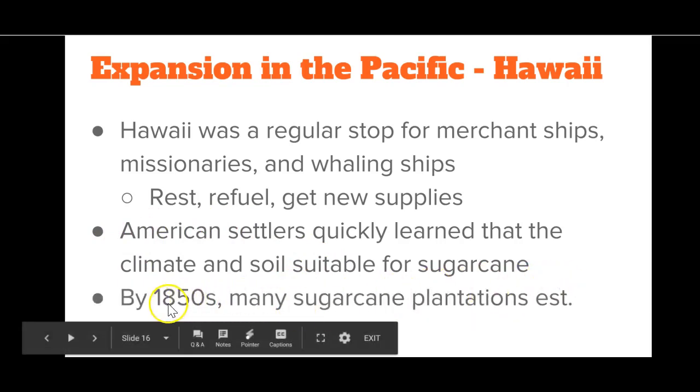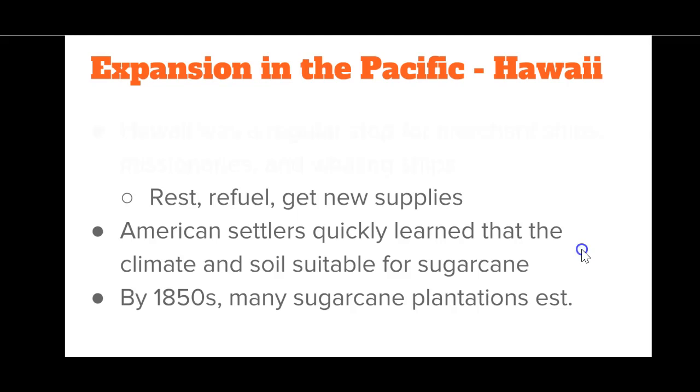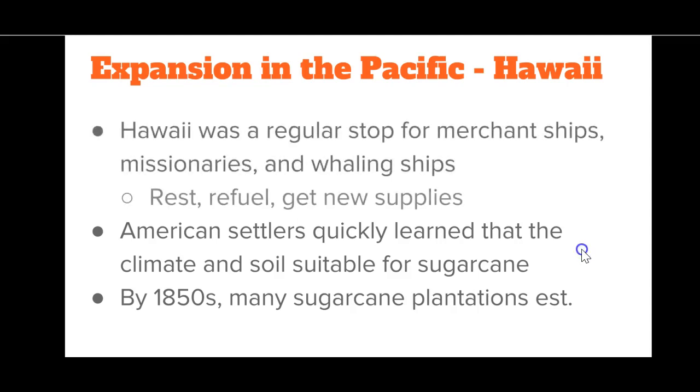Okay, and to give you an idea of time frame, by the 1850s, many sugarcane plantations had been established. I'm not going to tell you that Americans with capital, meaning money, went to Hawaii and bought land there. A lot of it was taken and they just started growing crops. They started growing sugarcane to make money off of it.